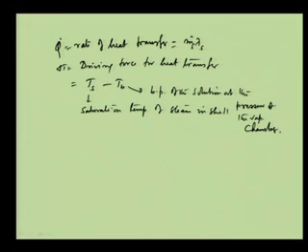Okay. So, therefore, this is the driving force, and then we can say that q dot is equal to U_d, the overall heat transfer coefficient, into area into delta T.